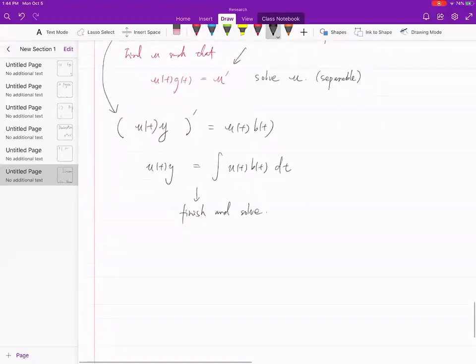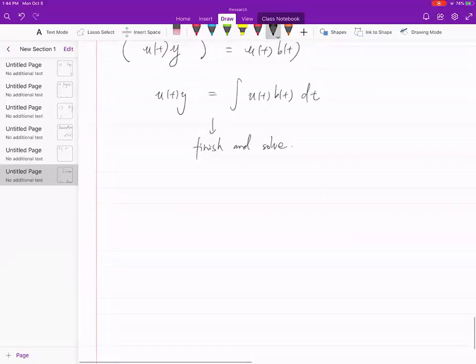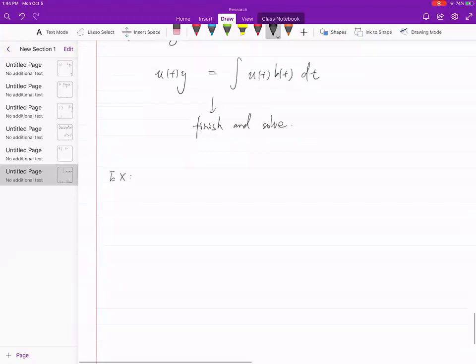All right, let's try an example. Let's follow it slowly. Let's take y prime equal negative y over 1 plus t, equals t squared.